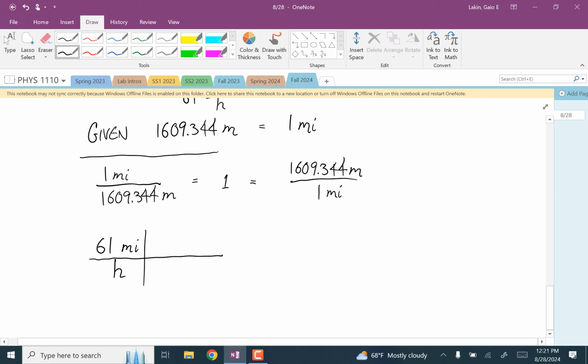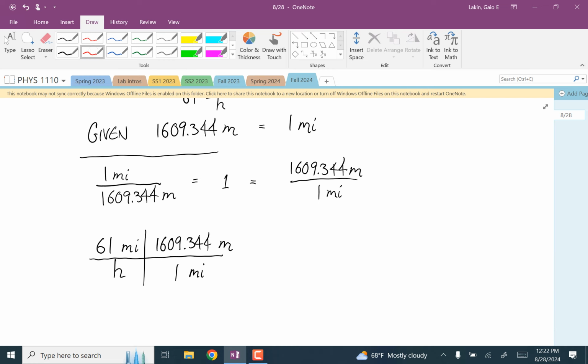If we did this one, we'd have miles squared over meters times hours. That doesn't cancel the stuff that we don't want. So the one I'm going to use is 1,609.344 meters over 1 mile. I couldn't have said that more confusingly, but do you understand what I'm saying there?